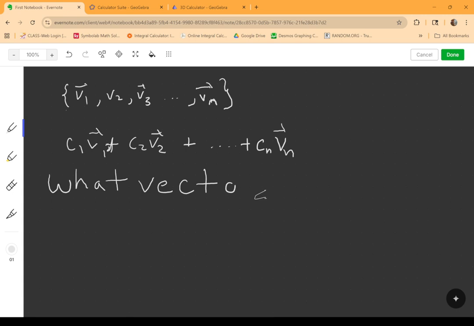What vectors can these build? And another question I want to ask myself: are any of these vectors unnecessary?